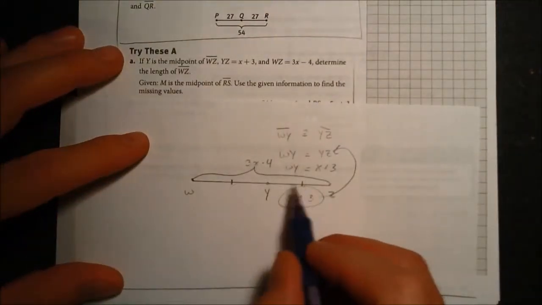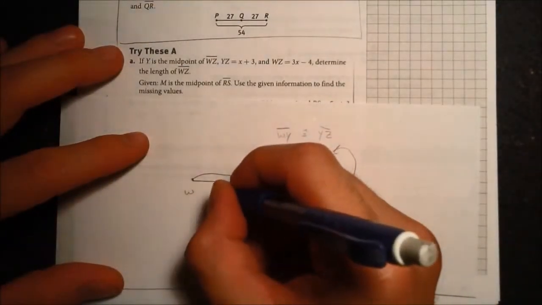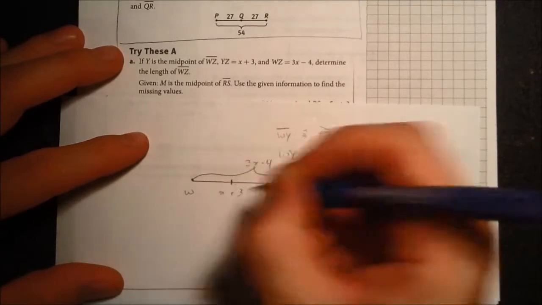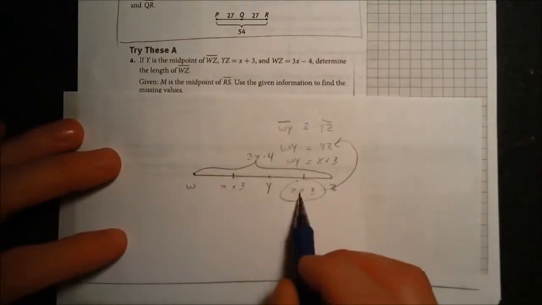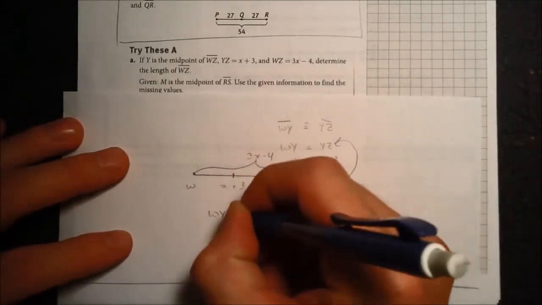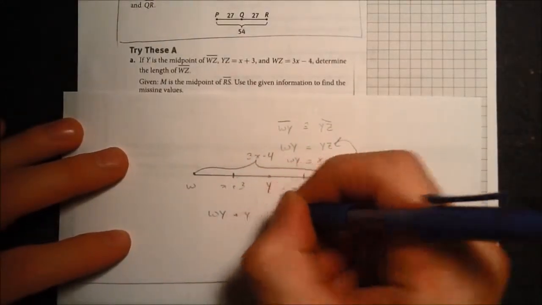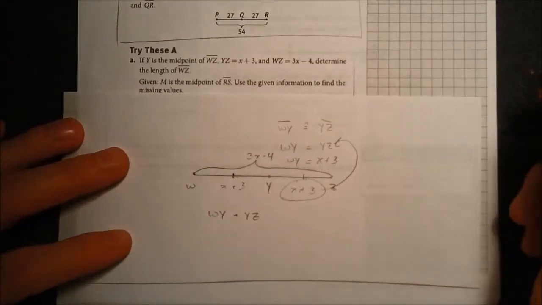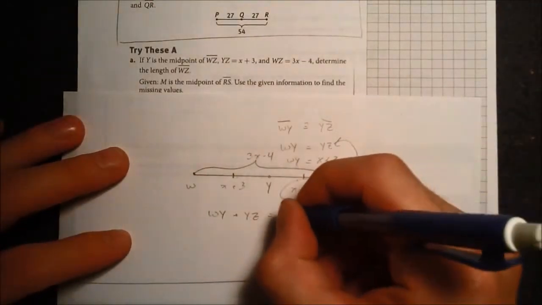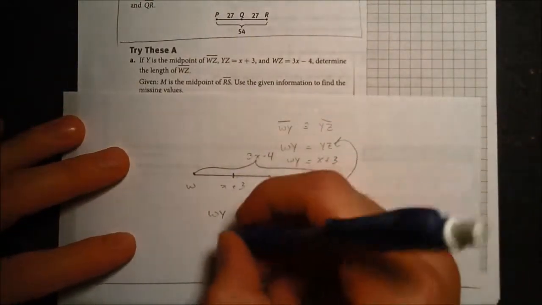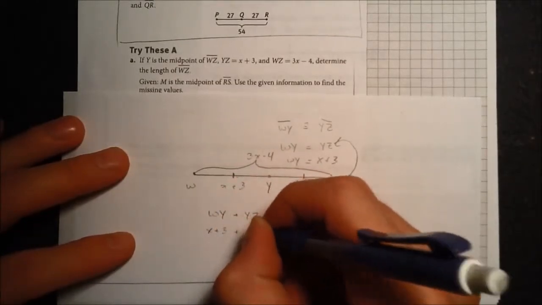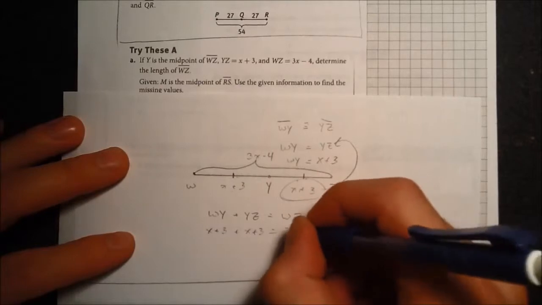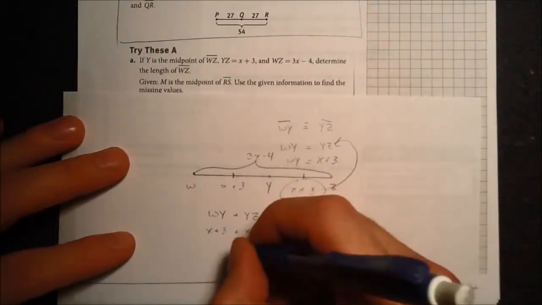If these two segments are congruent, then they have the same length. So I can represent this as x plus 3 as well. So now I know part plus part is equal to whole. The length of segment WY plus the other part, that's going to equal the whole WZ. So I'm going to plug in what I know. X plus 3 plus x plus 3 has got to equal 3x minus 4.